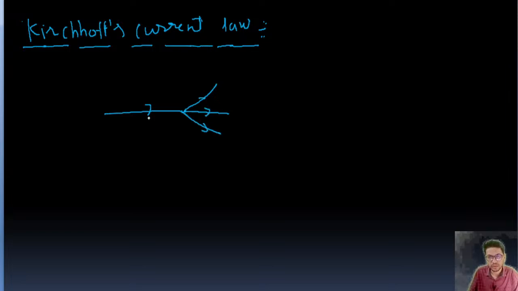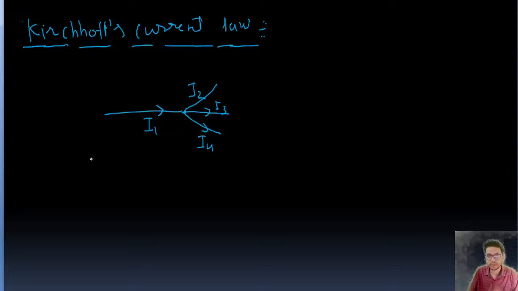So suppose this is I1, this is I2, this is I3, and this is I4. These are the currents. So what does Kirchhoff's law say? Incoming current equal to outgoing current, right?